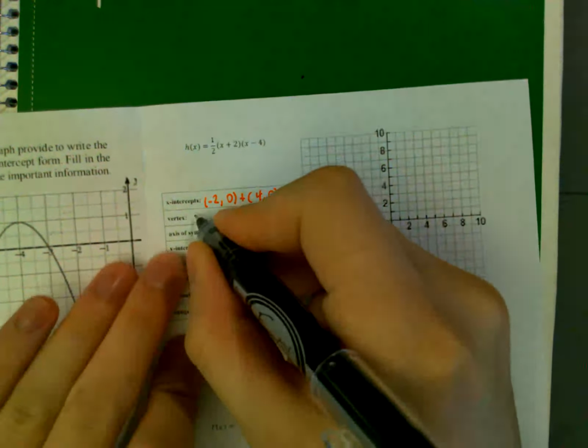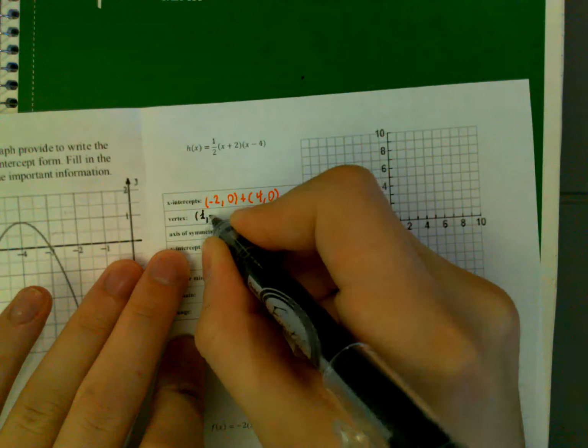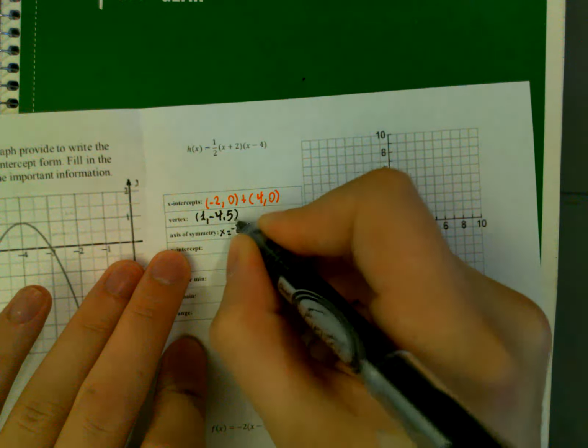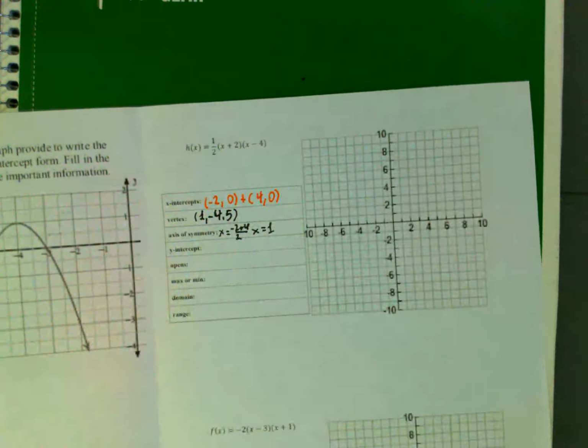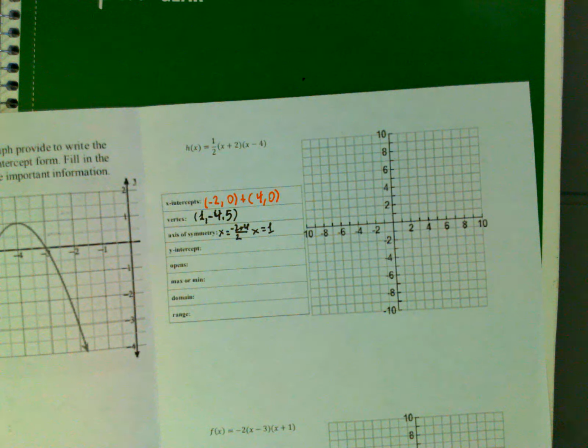So my vertex is going to be (1, -4.5). The axis of symmetry is x equals -2 plus 4 over 2. Solve that, we get x equals 1.